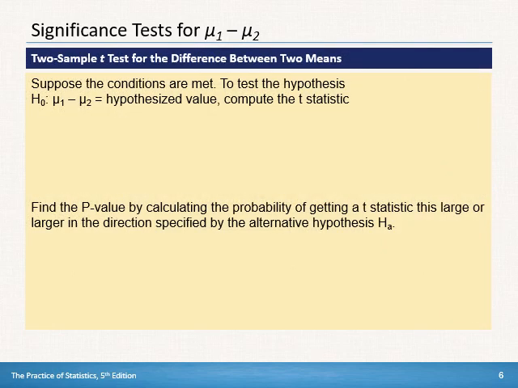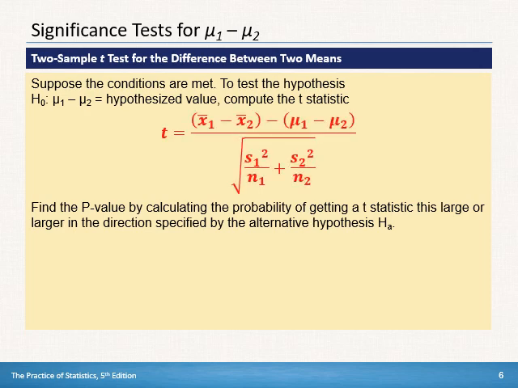All right, so the test statistic that we're going to use, you can see it's starting to get pretty complicated. It's the difference in the sample means, x bar sub 1 minus x bar sub 2, minus the difference in the hypothesized value.